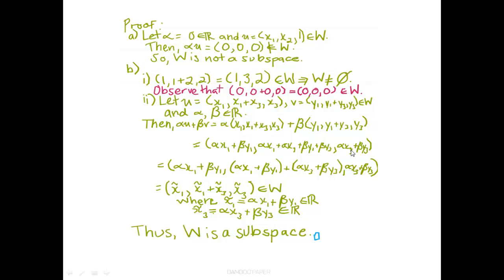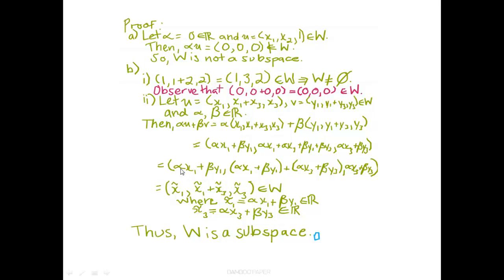Remember, if I have to show that this is in W, I have to show that I can write this in the form first component, third component, and the second component has to be the sum of the first and the third components. So I rewrite this in the form alpha x1 plus beta y1, plus alpha x3 plus beta y3, and observe that this is my first component, that is my third component, and the second component is the sum of the first and the third components.